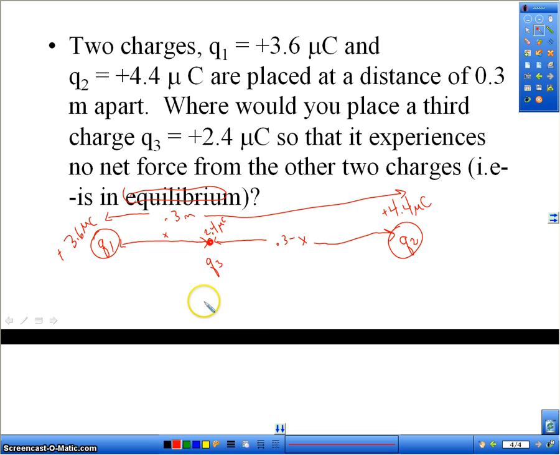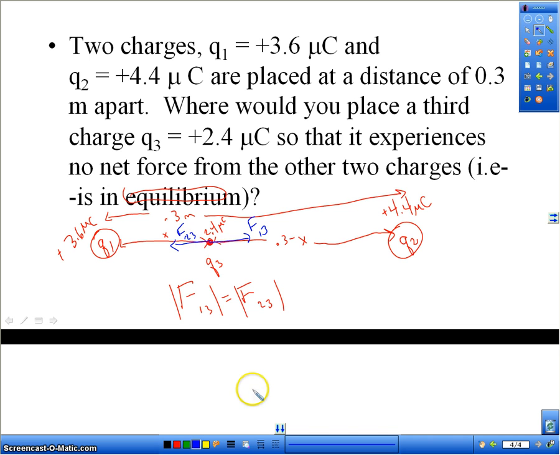The key to this being in equilibrium is that the force of 1 on 3 and the force of 2 on 3 have to be equal to each other by magnitude only. Okay, so 1 on 3 and 2 on 3 both have to be equal. That makes Q3 be in equilibrium when that happens. So the force of 1 on 3 and the force of 2 on 3 will balance each other out.